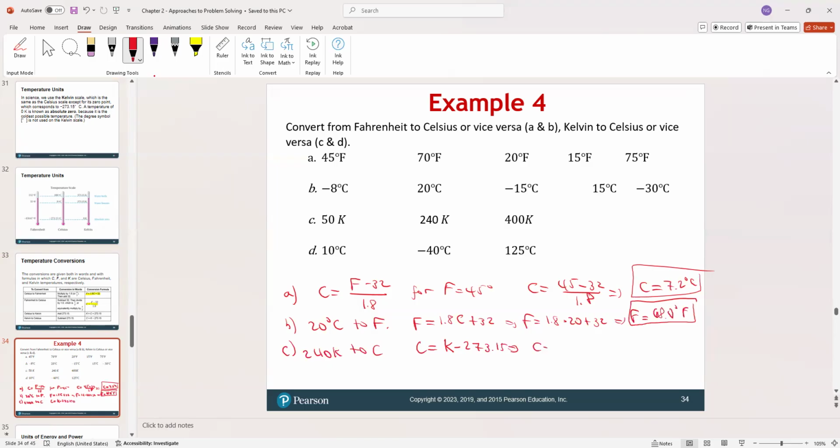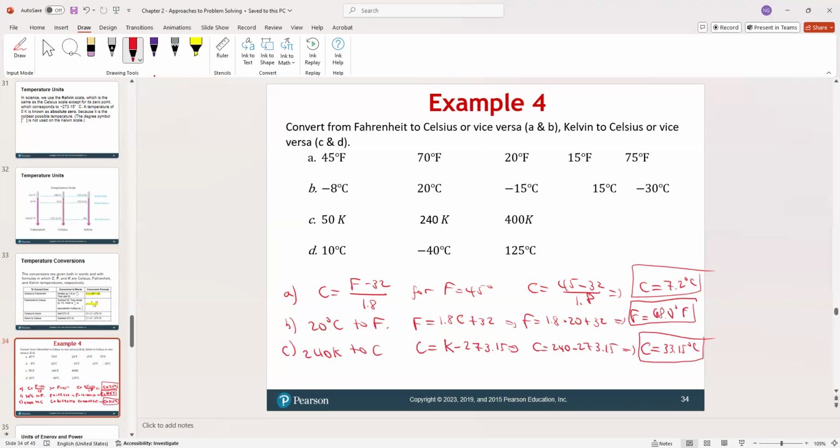So C would be 240 minus 273.15. If you have 240 Kelvin, that would be negative 33.15 degrees Celsius. So that's very cold, right?